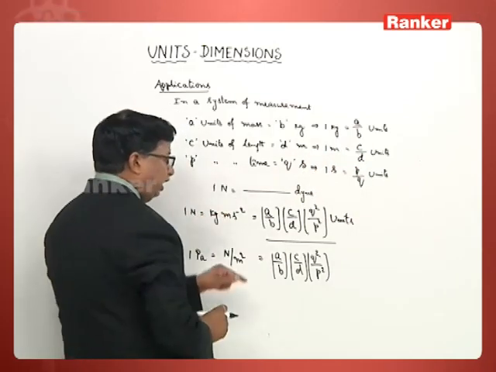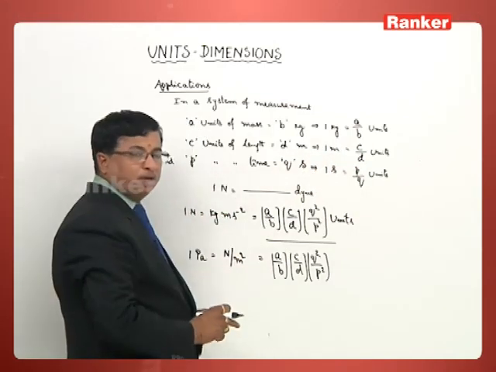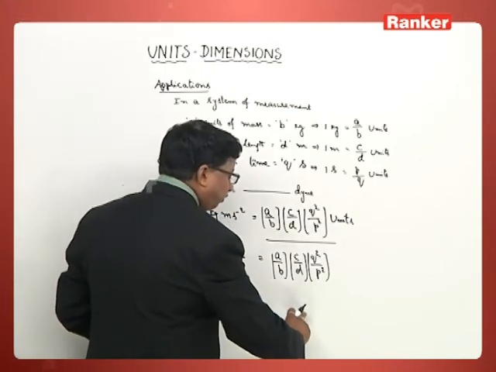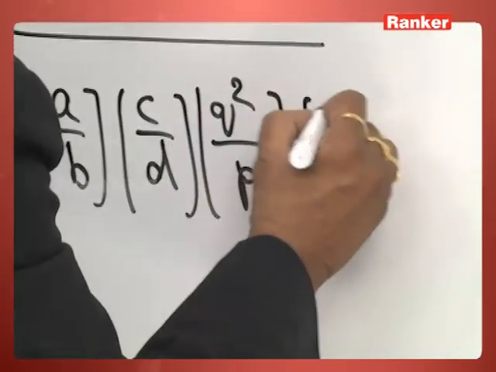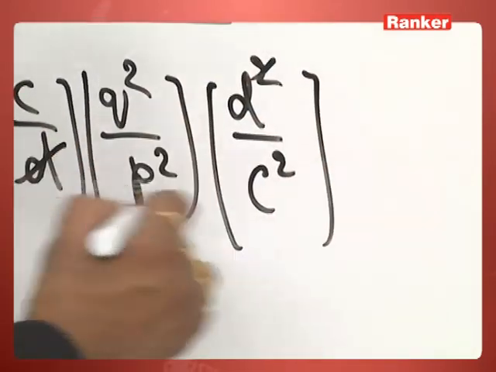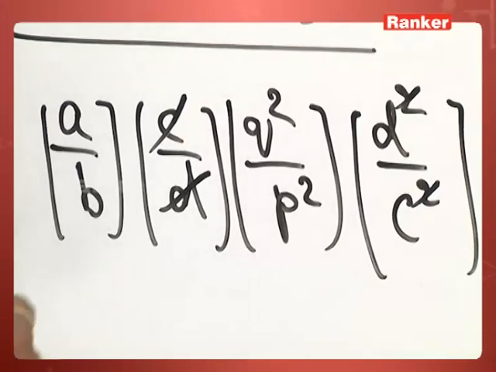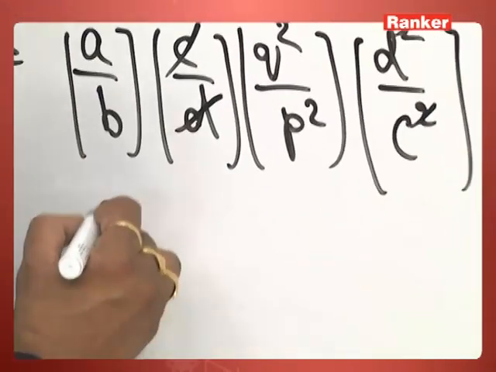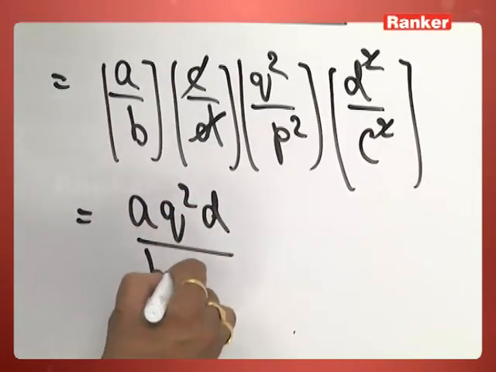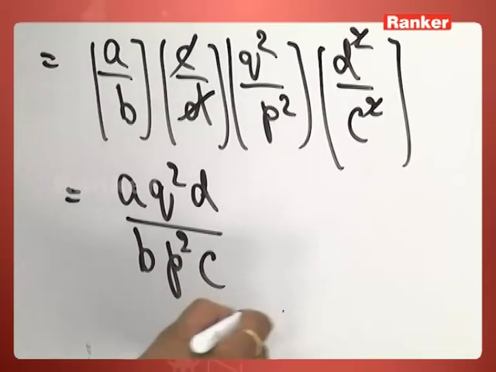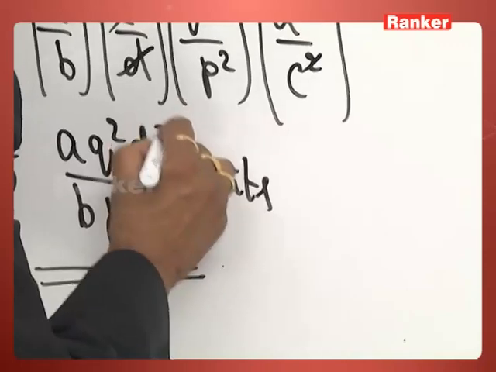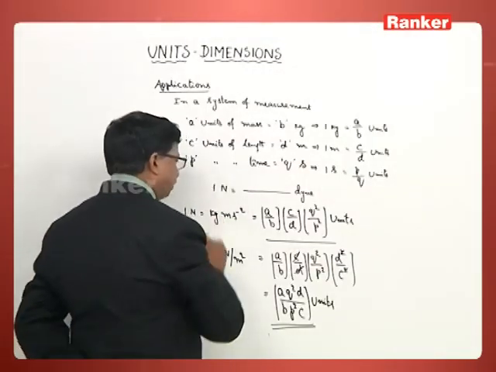We know it is C by D. It is per meter square, meaning by c square by d square. I can bring that to the numerator, writing d square by c square here. One d gets cancelled, one c gets cancelled, then what is left over? You check it. It is a q square d by b p square c. That many units is going to be the value of 1 Pascal.